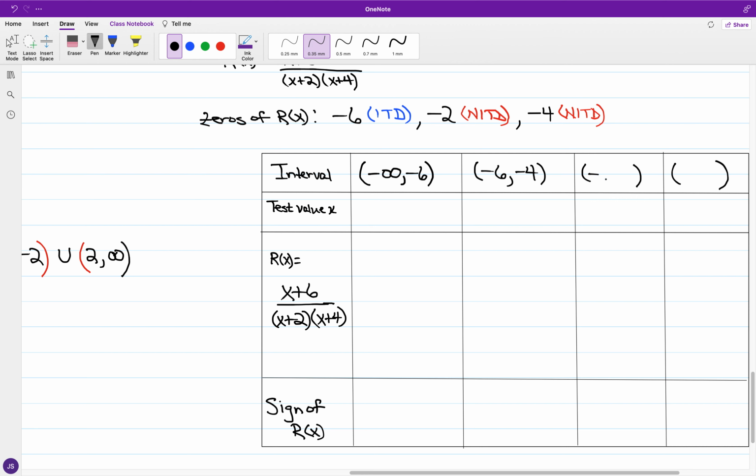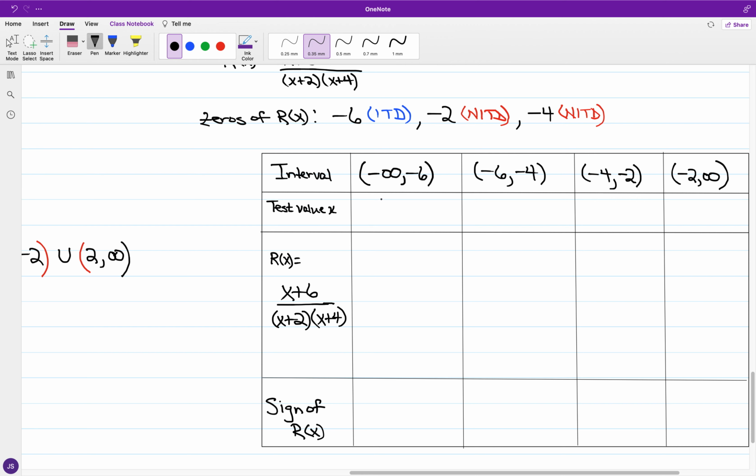Bypassing negative 4, we have those values of x such that negative 4 is less than x is less than negative 2. And with negative 2 as the last of the zeros and being bypassed, the remaining interval section will be those values of x greater than negative 2.